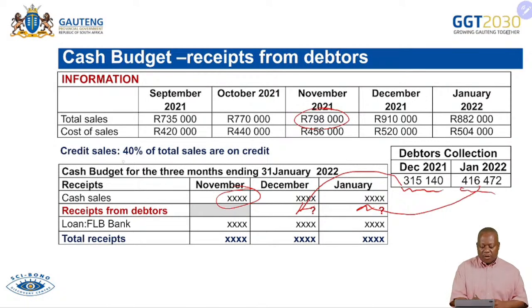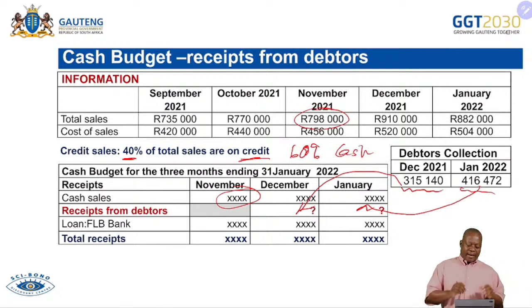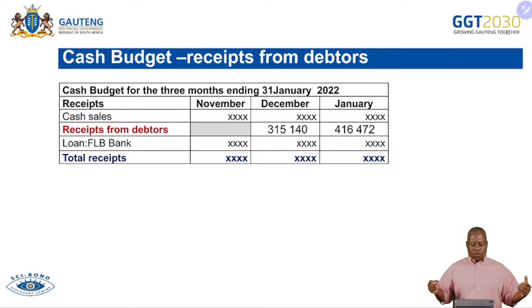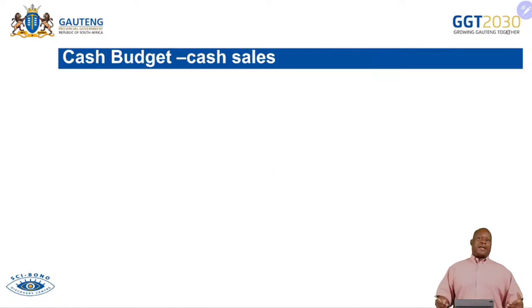They said 40% of the sales are on credit. And we said 60% of the sales are cash. So we can easily fill in the cash sales amounts into the cash budget. Very easy to do. The figures transferred into the cash budget, now done and dusted.